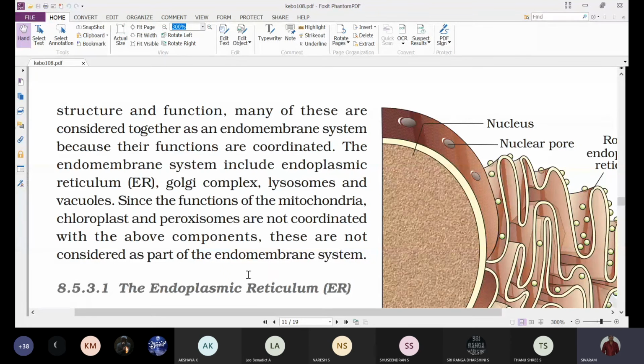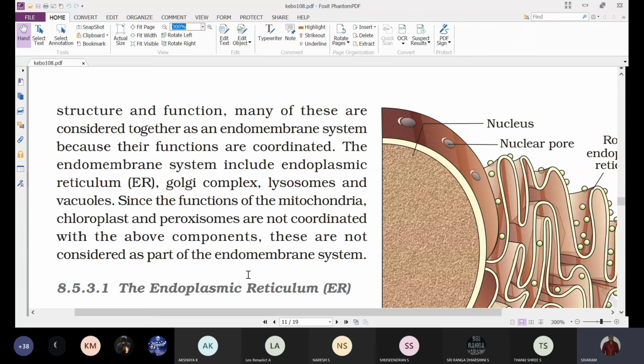Why? Since the functions of mitochondria, chloroplasts, and peroxisomes are not coordinated with the above compartments, these are not considered part of the endomembrane system. Mitochondria function individually and are not related with any other structures. Chloroplasts also function individually.